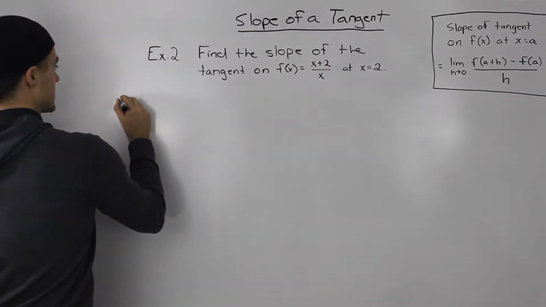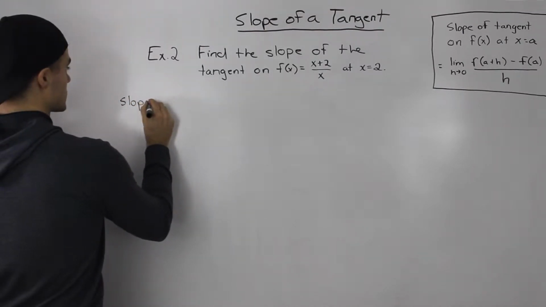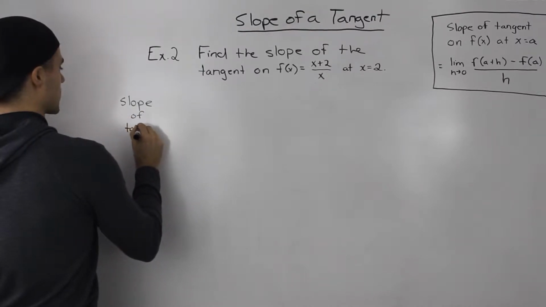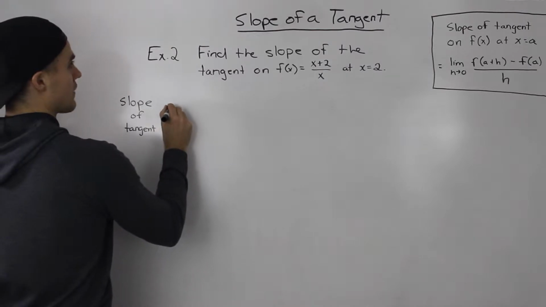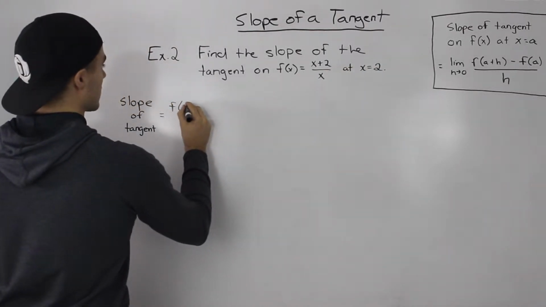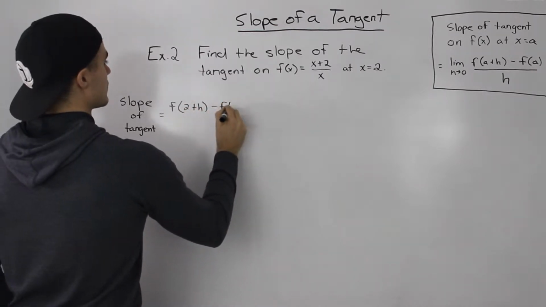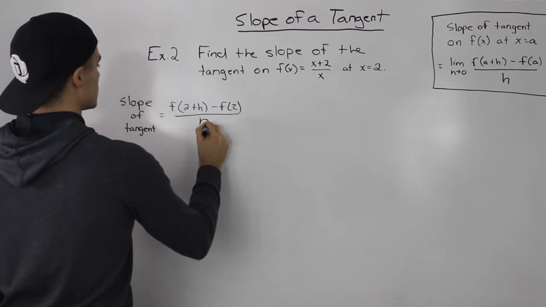So let's rewrite the difference quotient corresponding to this specific question. So we'll have f of the a value that we're looking at, which is 2 plus h, minus f of 2 over h.